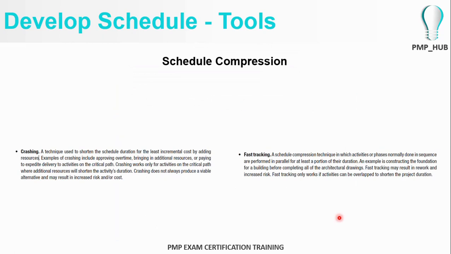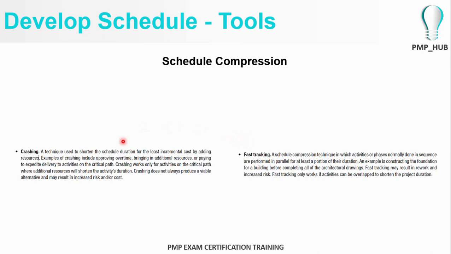We need to understand schedule compression techniques as a tool when developing a schedule. There are 2 schedule compression techniques that will be discussed. One is project crashing and the other one is fast tracking.